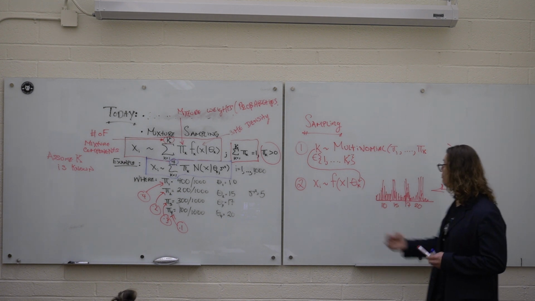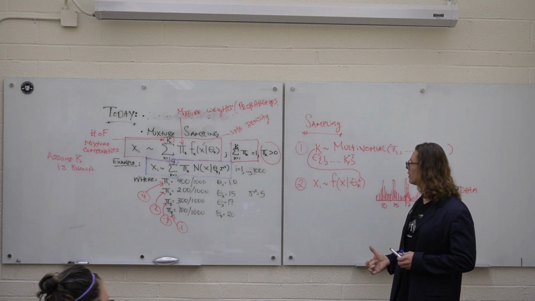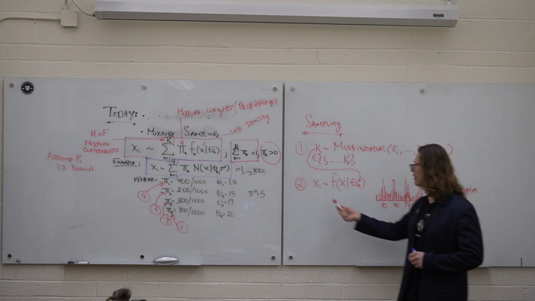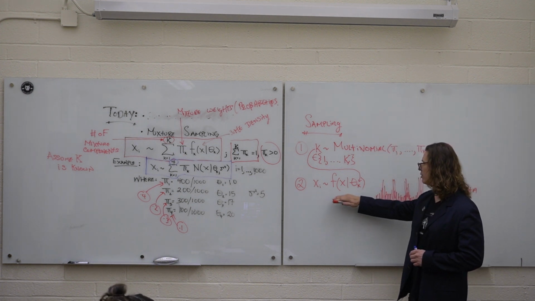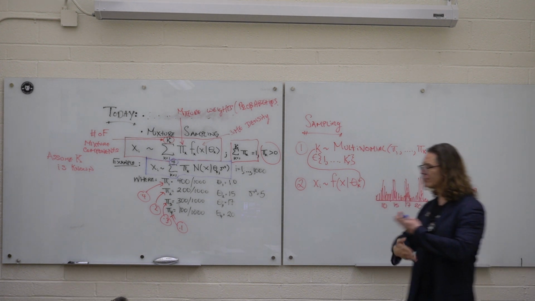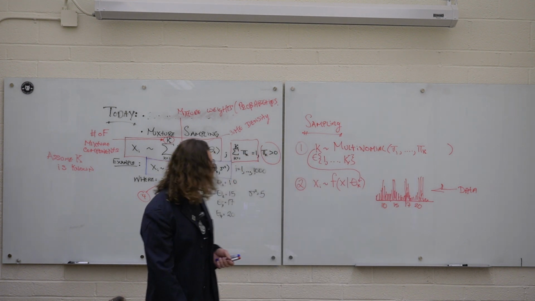Again, how do we generate it? I flip my capital K sided coin with its associated probabilities, and then I generate my data point from that particular mixture component. So that's mixture sampling, and I'm doing it hierarchically. So it's a two-step process.